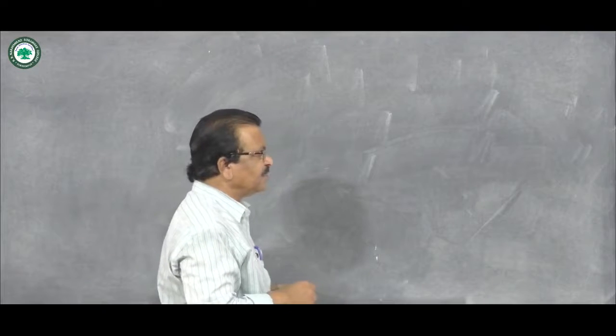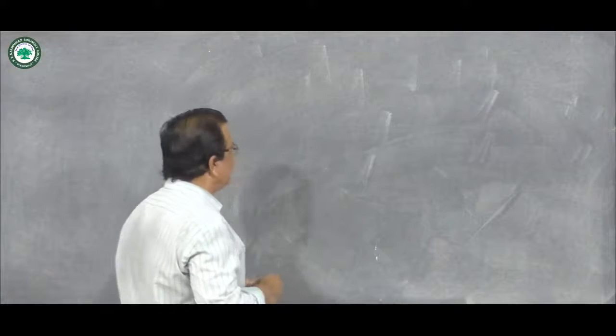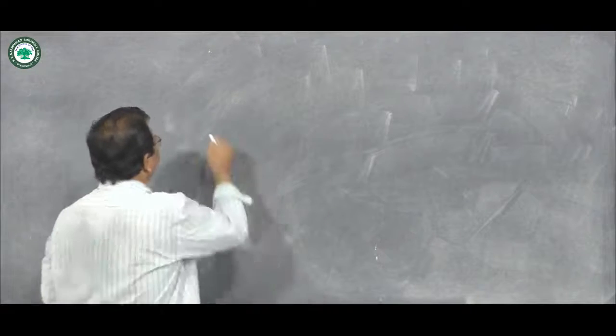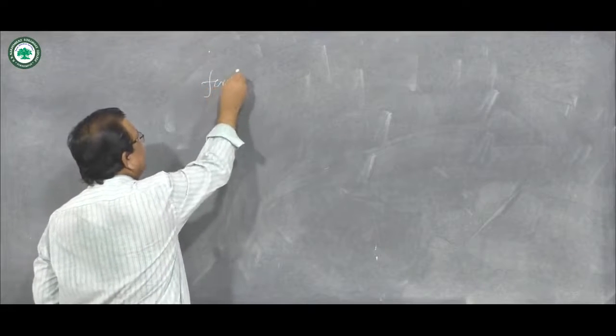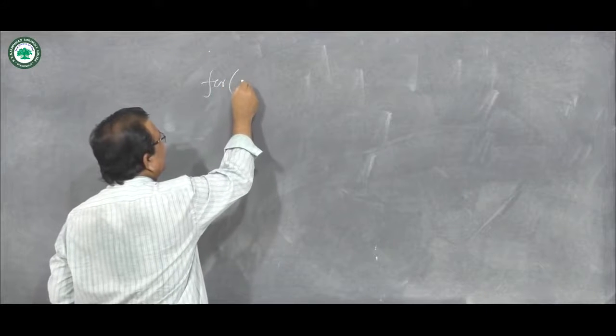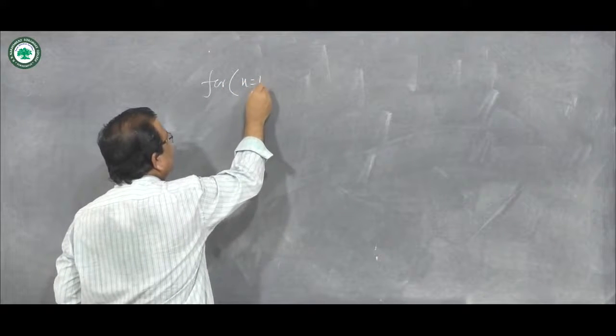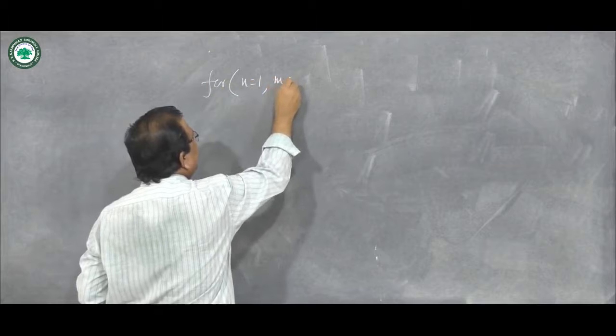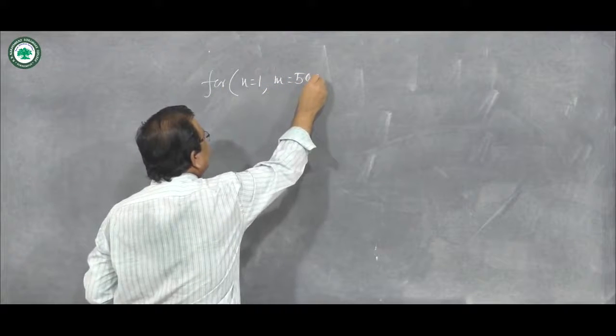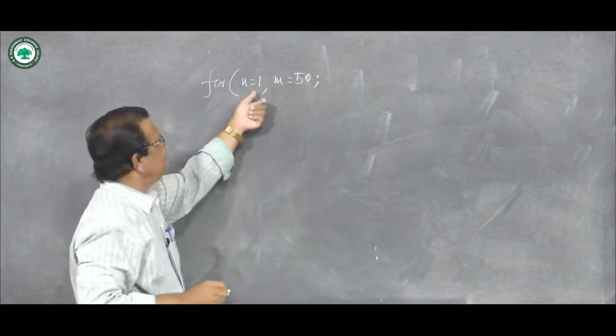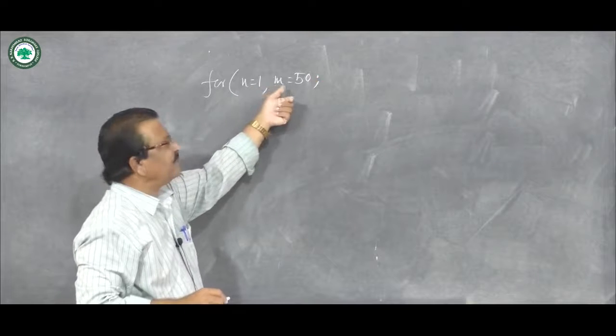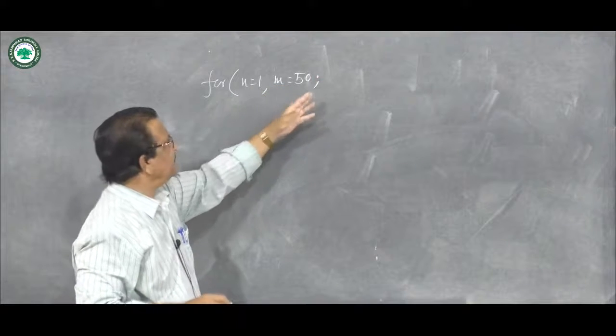So here is an example of how one can initialize more than one variable. I am writing n equal to 1, comma, m equal to 50. I am initializing these two variables, n to 1 and m to 50, and then semicolon.